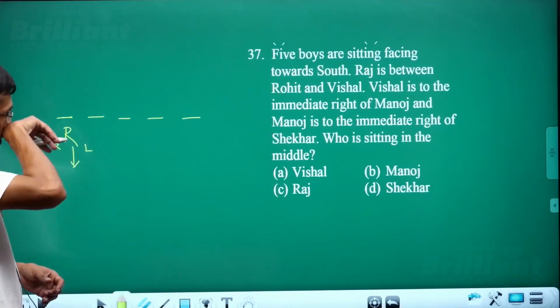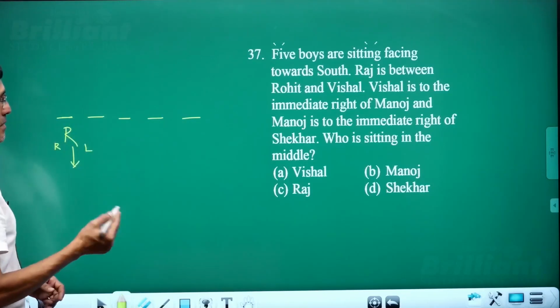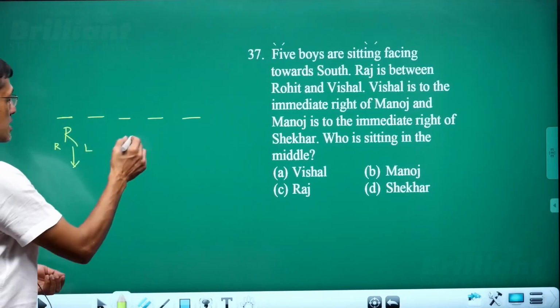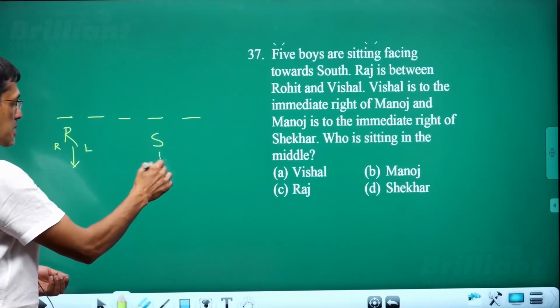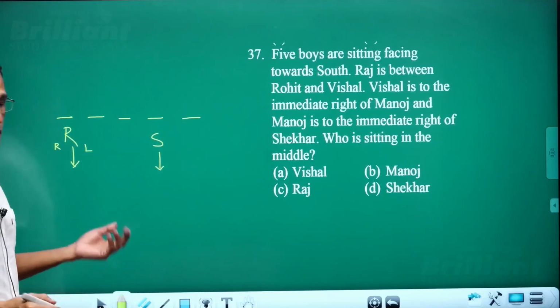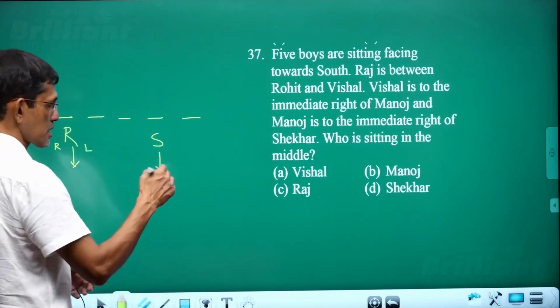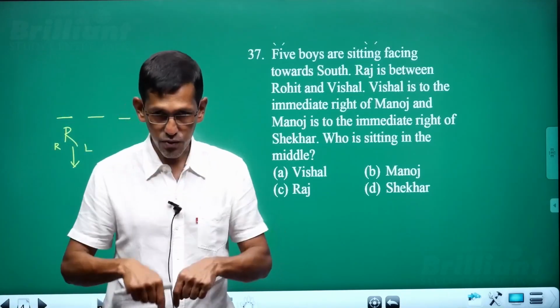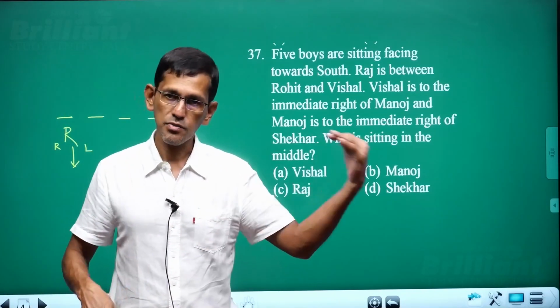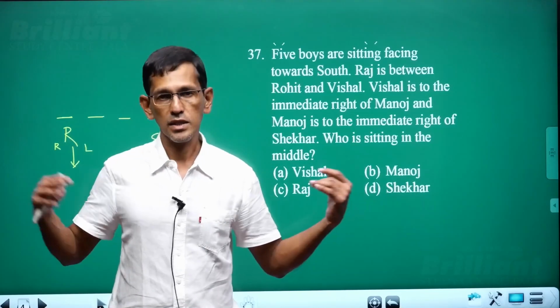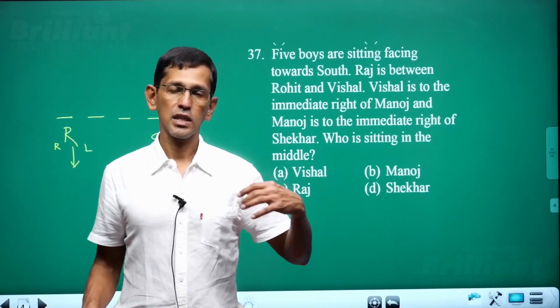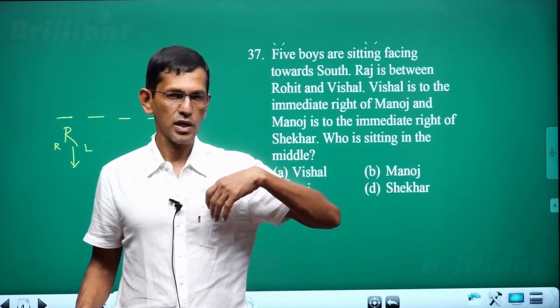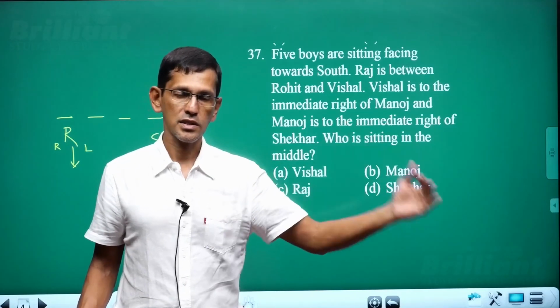And how about the other people? Let's say Shekhar is here. Shekhar must be facing south as well. For example, if I'm Shekhar, I'm facing this direction, so this is south. If I'm facing this direction, this is my left and this is my right. Usually the pocket is on the left hand side, right? So you can see that my pocket is on this side. So that's the left hand side.